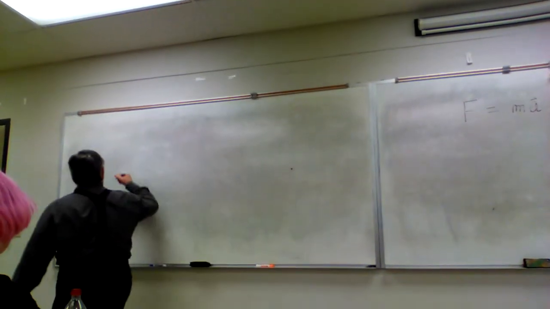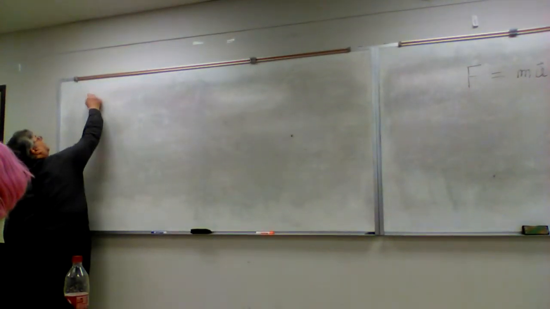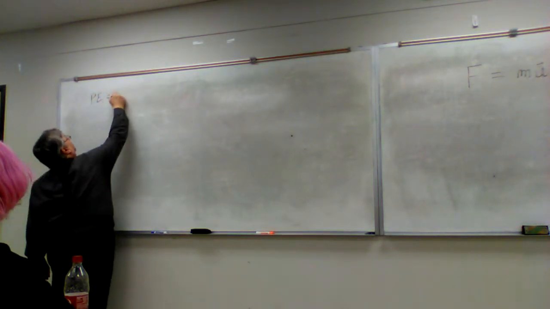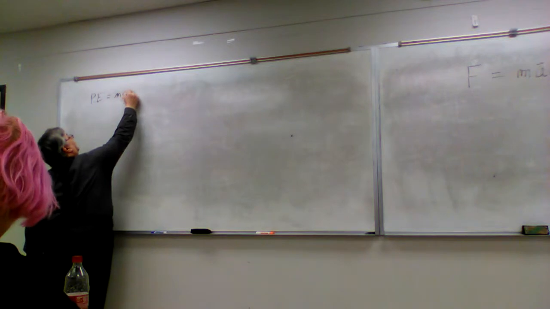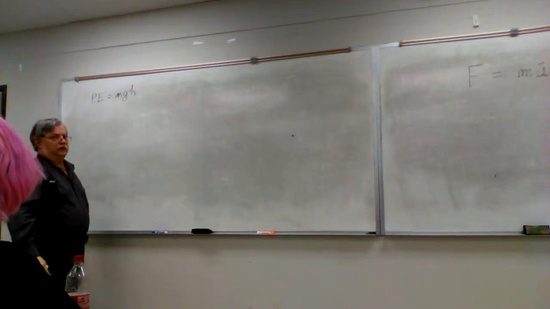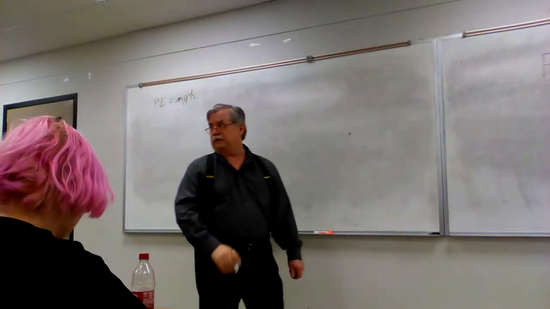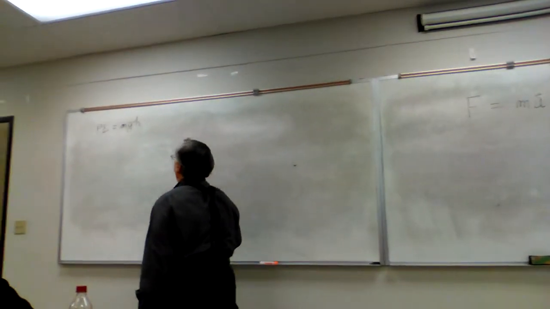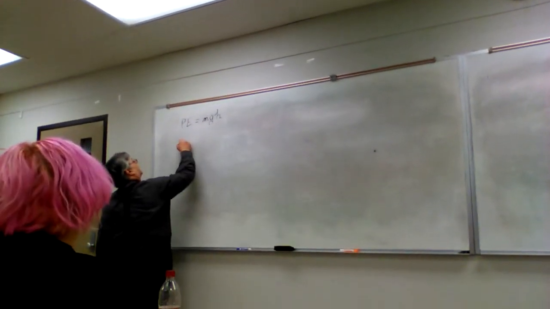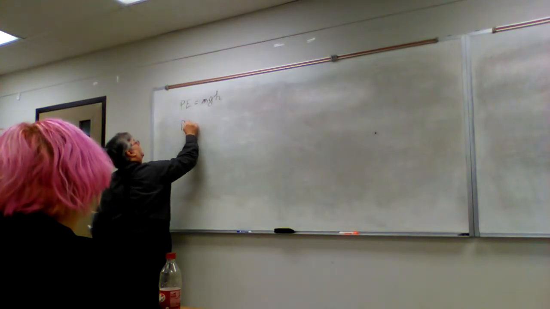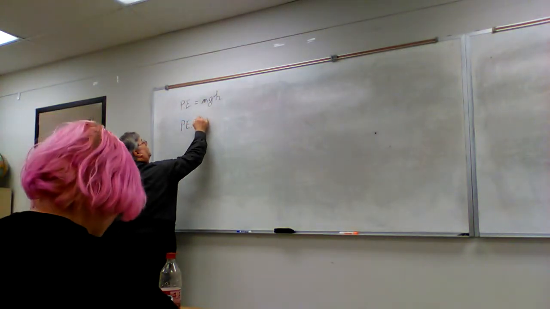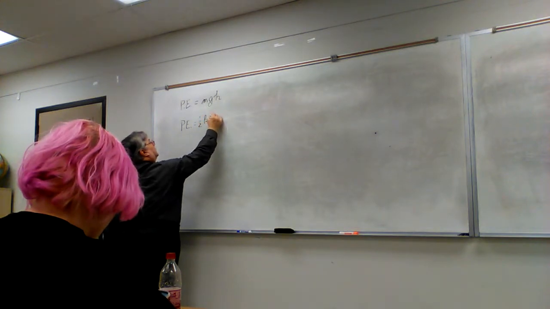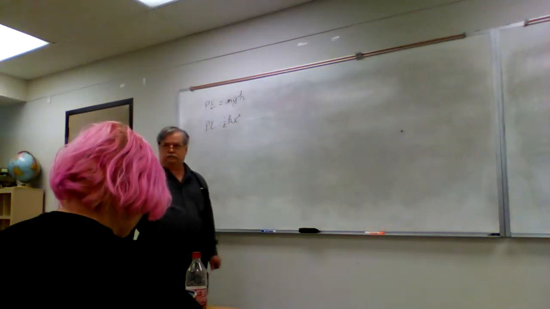Now, in the case of the gravity field, potential energy was mass times gravity times height, or displacement. In the case of a spring, potential energy is 1/2 kx squared.